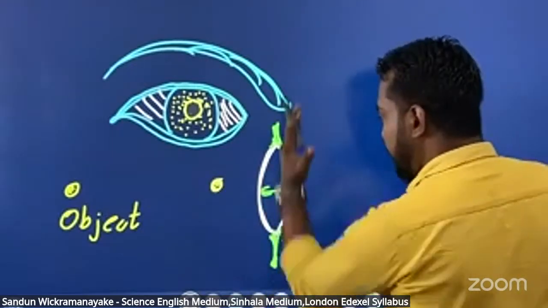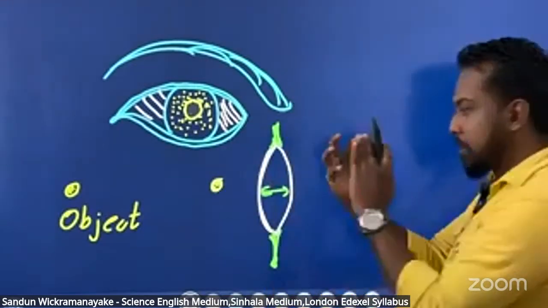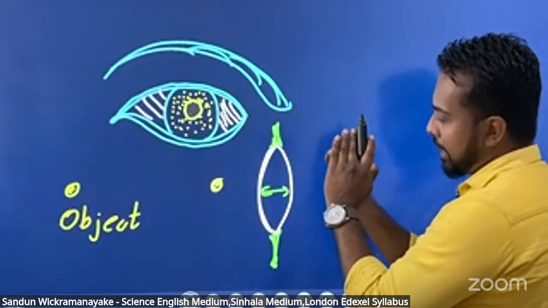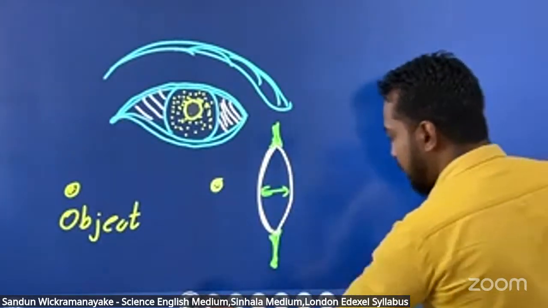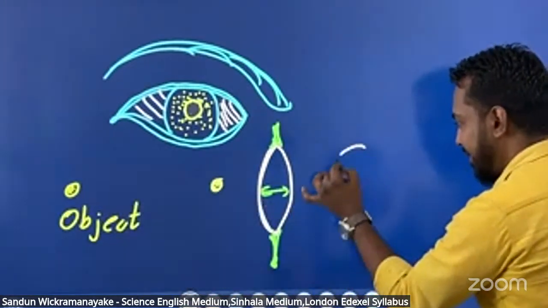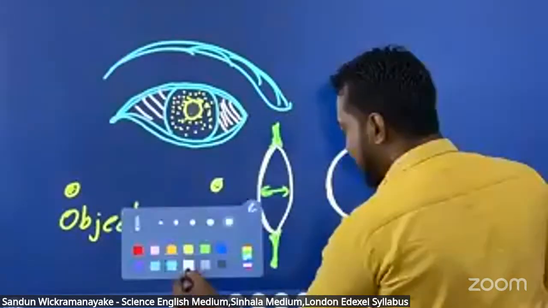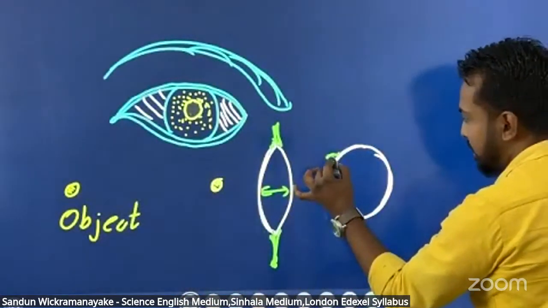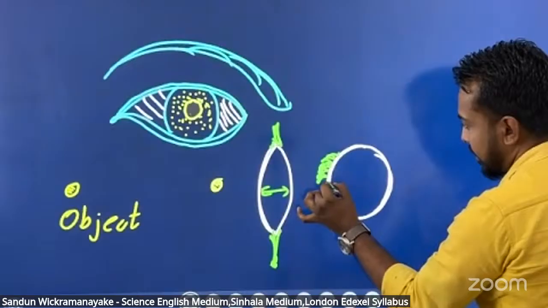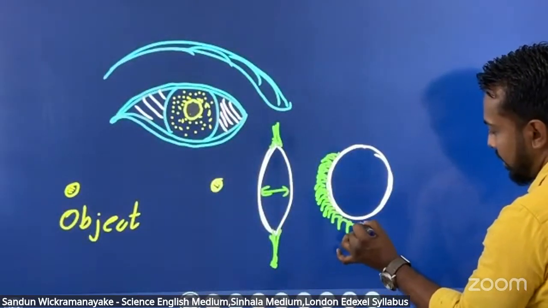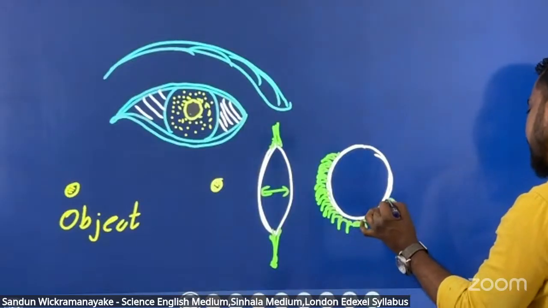This is the side of the human eye. Now I'm going to draw it like this. This is the eye lens. This is the muscle that controls the shape of the eye lens.